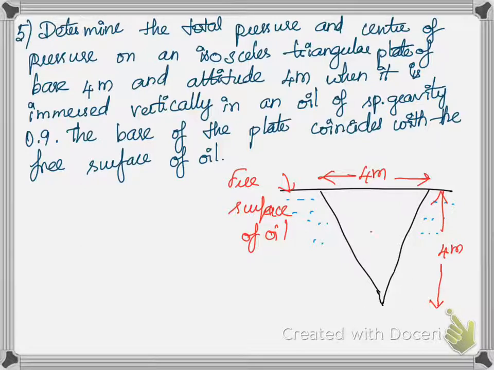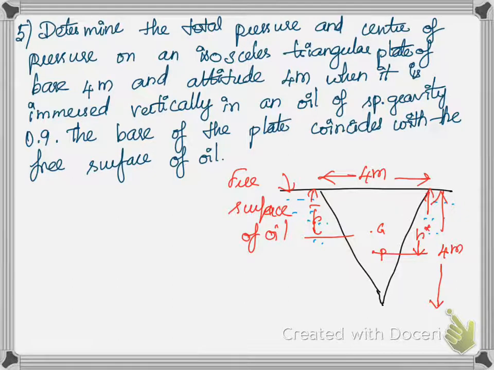As usual, center of gravity G, this is P, so this will be my H bar, and again this will be my H star. Generally pressure will increase with depth, and that's why we are writing it below the center of gravity. The center of pressure lies there.